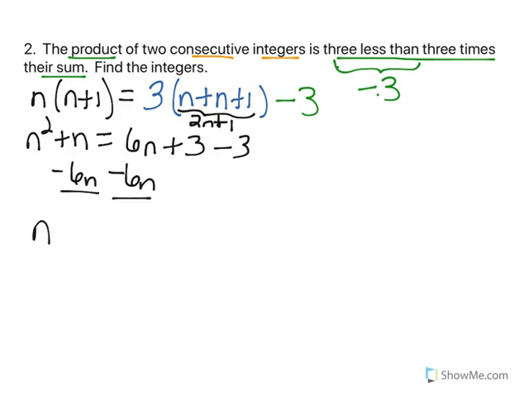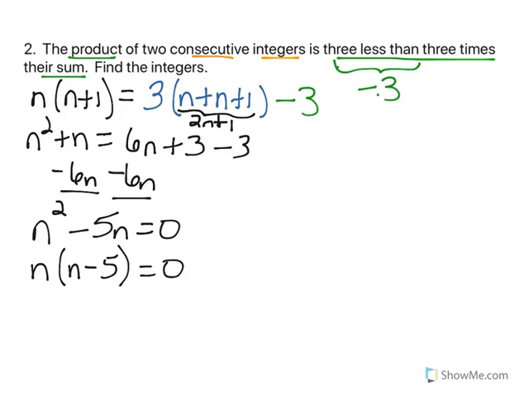So we'll get n squared minus 5n equals 0. And then we can take out a GCF. And then when we set each part equal to 0, we get n equals 0, and n minus 5 equals 0, so then n equals 5.